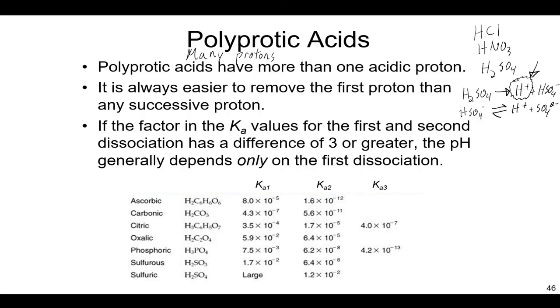It's always easier to remove this first proton than any proton after that. But for this strong acid here, it's really only this first dissociation that matters. And indeed, for any difference in Ka values of 3 or greater in terms of the exponent, the pH generally depends only on the first dissociation.